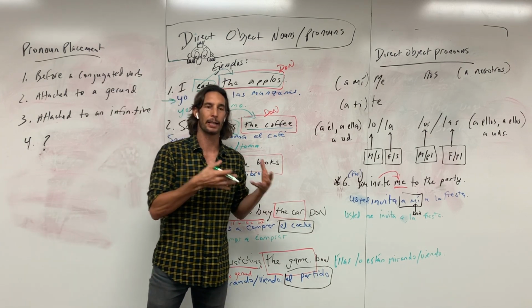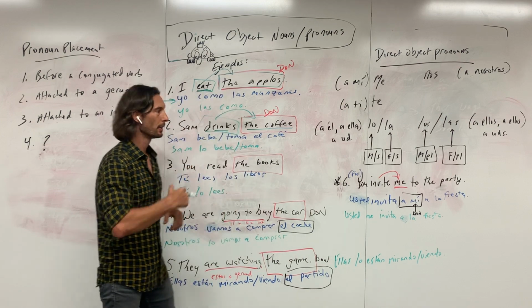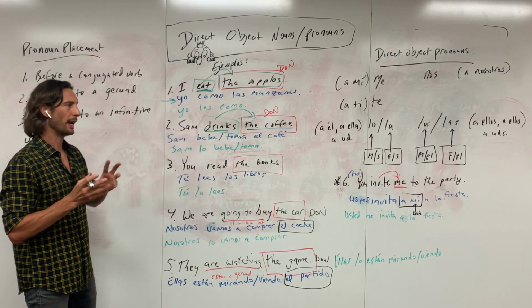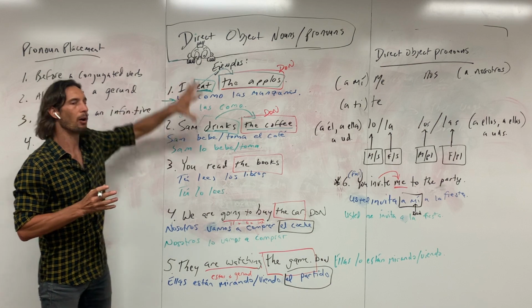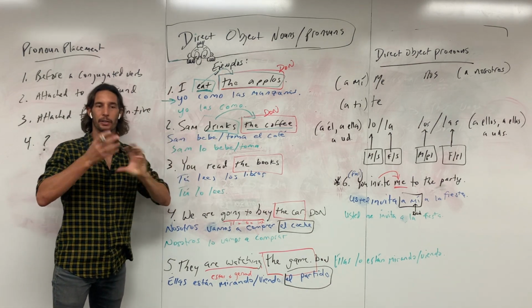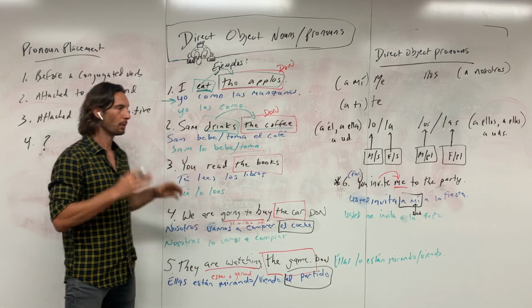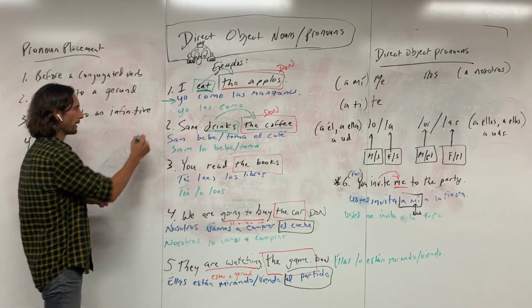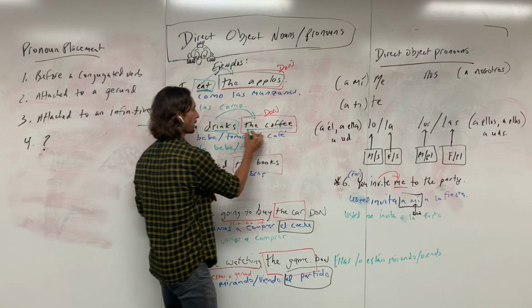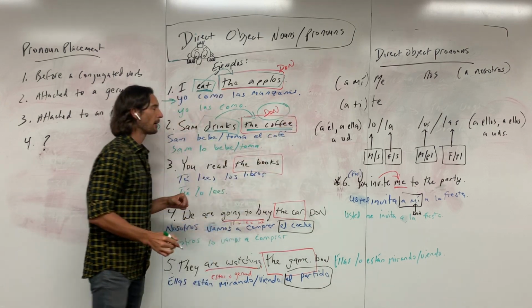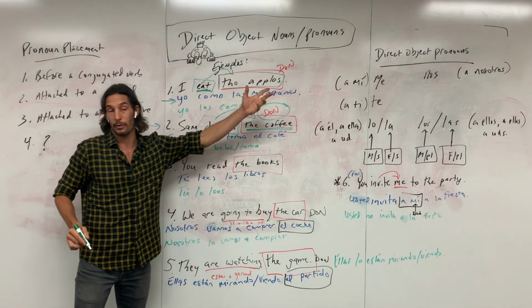That becomes the indirect object pronoun, and that'll be a different lesson. But that gives you an idea of how all this is working, and how the indirect and direct objects will work cohesively, right? But we'll get to that in a different lesson. So again, Sam drinks the coffee. The coffee is our direct object noun, right? That's what DON stands for, if you were wondering.